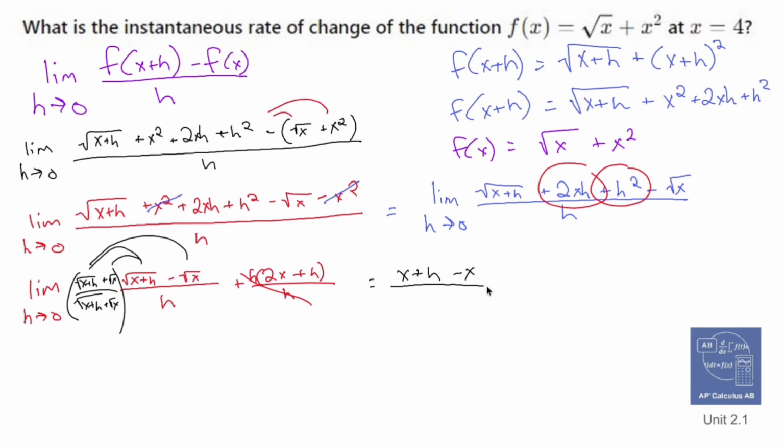And that's going to all be over h times the square root of x plus h plus the square root of x, and then this just becomes plus 2x plus h. Now all of this is still being taken with the limit as h approaches 0.